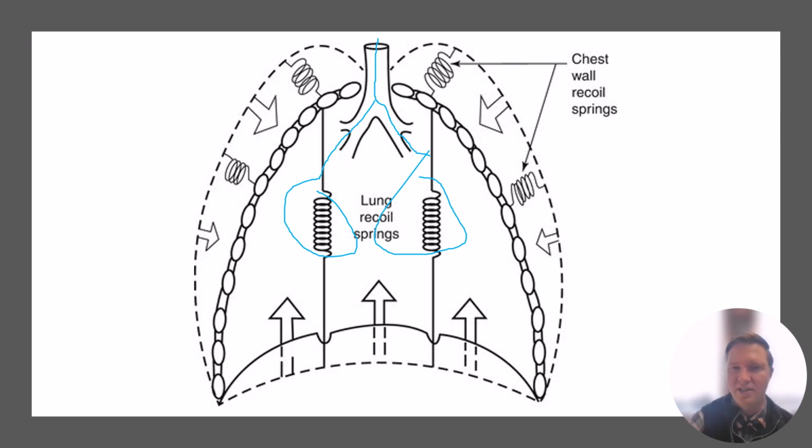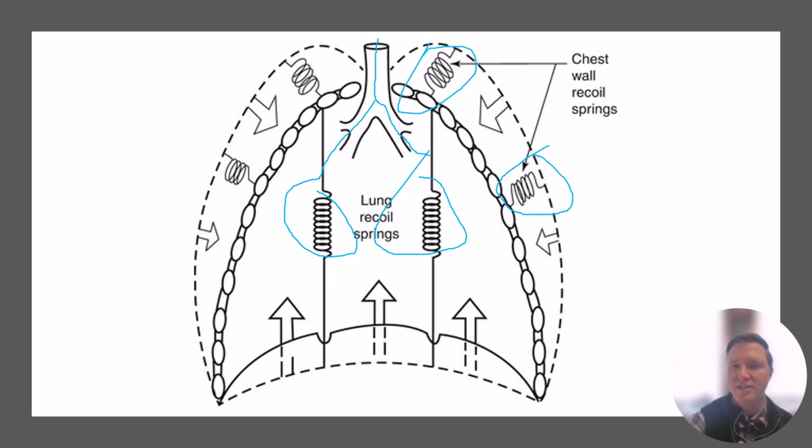And then you're also going to see these springs on the outside of the chest, right? The chest wall recoil springs. The chest wall, back in pulmonary anatomy and physiology, naturally wants to expand. The rib cage wants to stay open. The lungs want to stay closed, and it creates this push-pull relationship between the two, where the rib cage wants to be expanding and the lungs want to be collapsing, and that creates the negative pleural pressure that we see there.